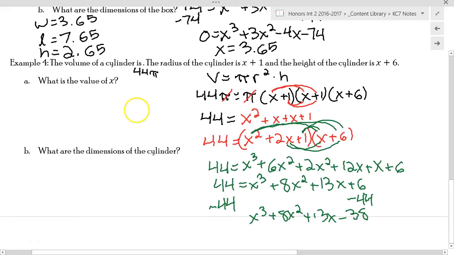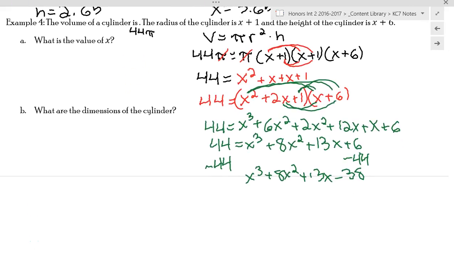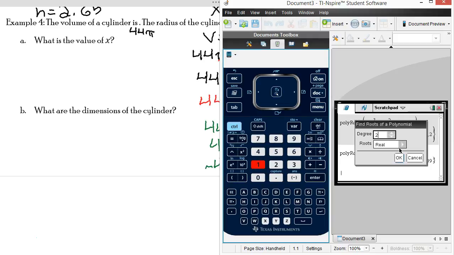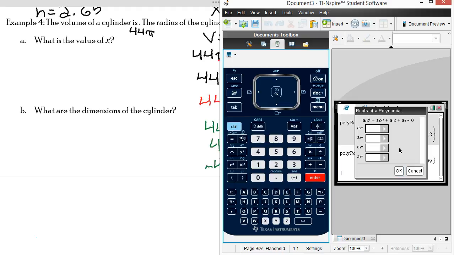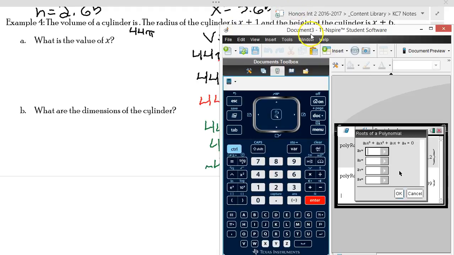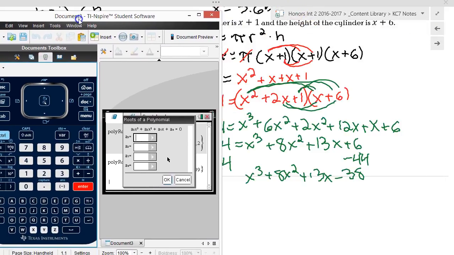So then, right, I have to type that into my calculator. Again, I'm going to use menu 331. Menu 331. I have a degree of 3. I need to move it so I can see what they are.